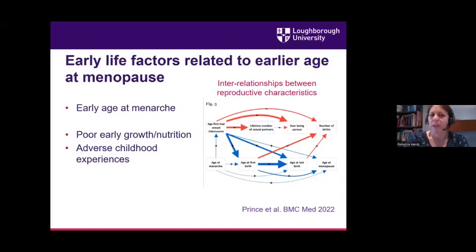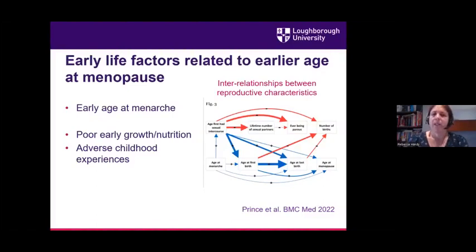We do, however, know, carrying on this reproductive characteristics theme, that early age at menarche is related to an earlier menopause. Here is a really nice paper highlighting these interrelationships between reproductive characteristics across the life course, showing that we can't just look at the menopause transition in isolation.